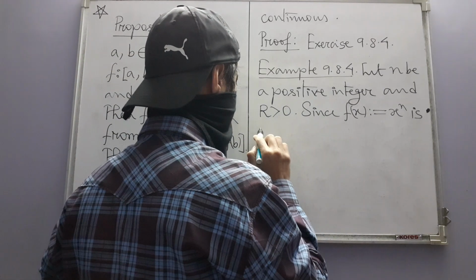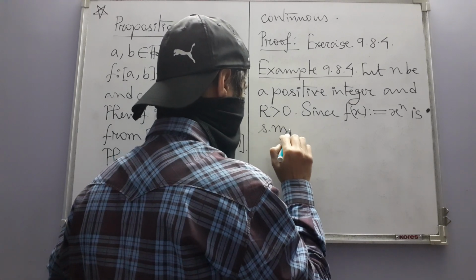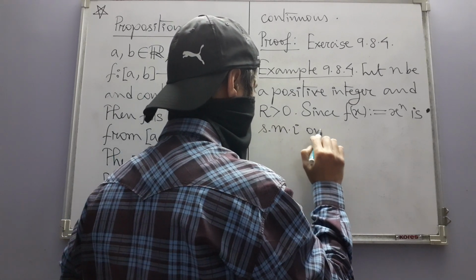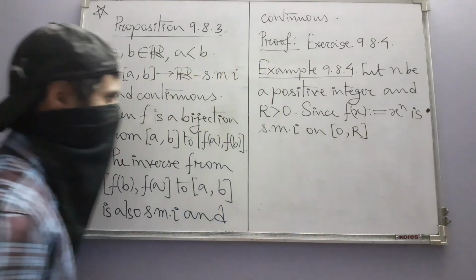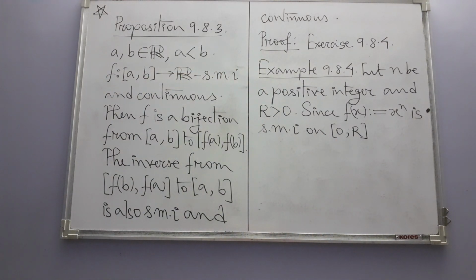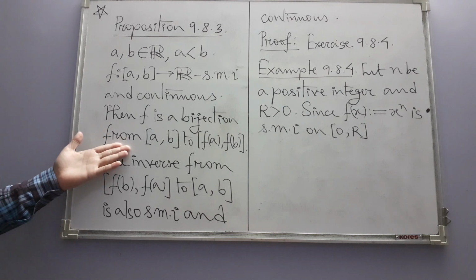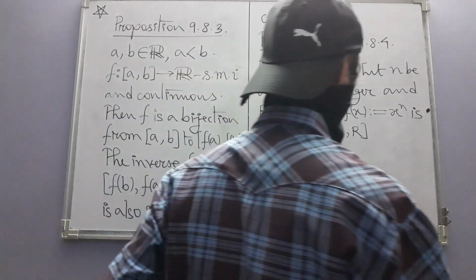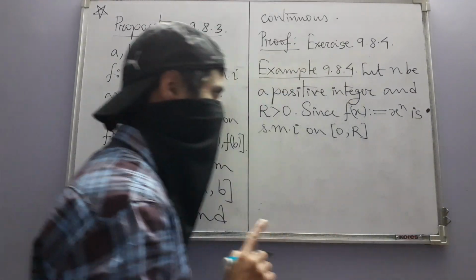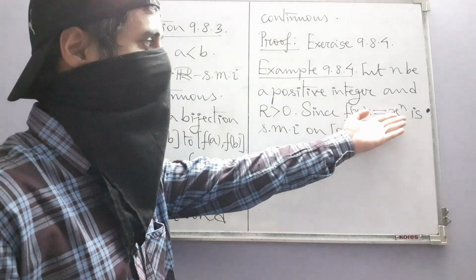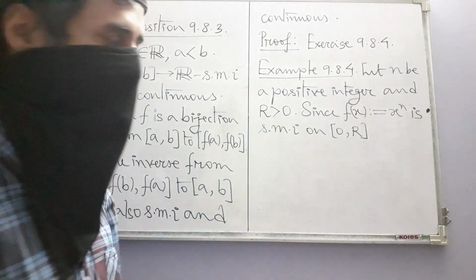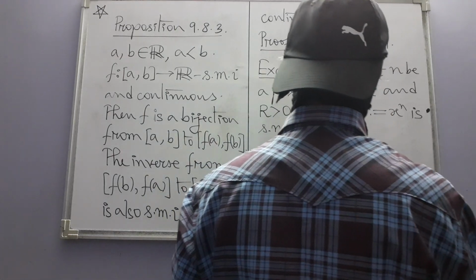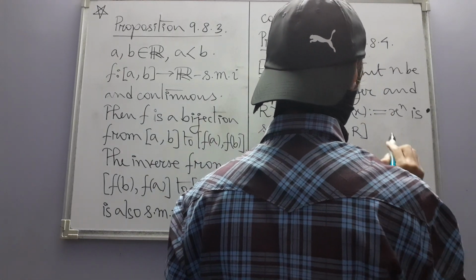So since this is strictly monotonically increasing on the closed interval [0, r], we can apply this proposition to this function. Oh, and keep in mind that this function, being a polynomial function, is continuous. It's a monomial actually. So we can apply that proposition here.